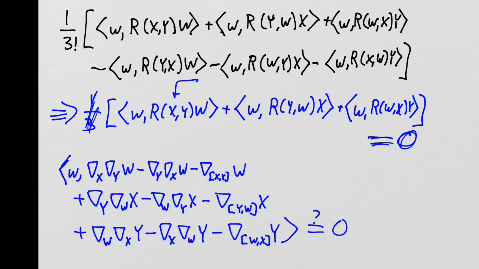And so here's what blowing this guy up looks like when I substitute for this curvature form right here. So rxyw is this expression right here, rywx is this expression right here, and rwxy is this expression right here. And notice these were three separate dual space mappings, right?